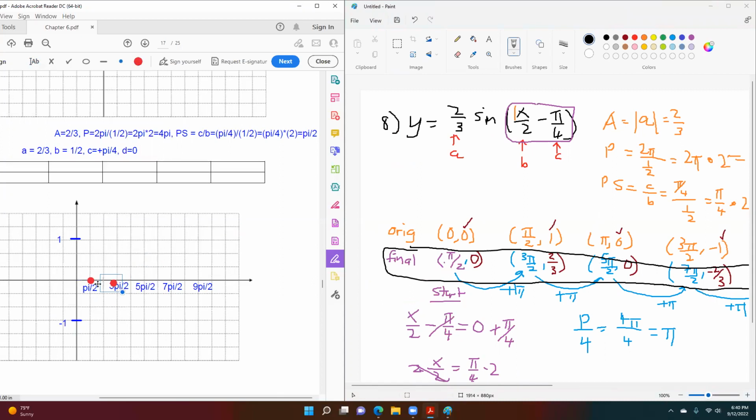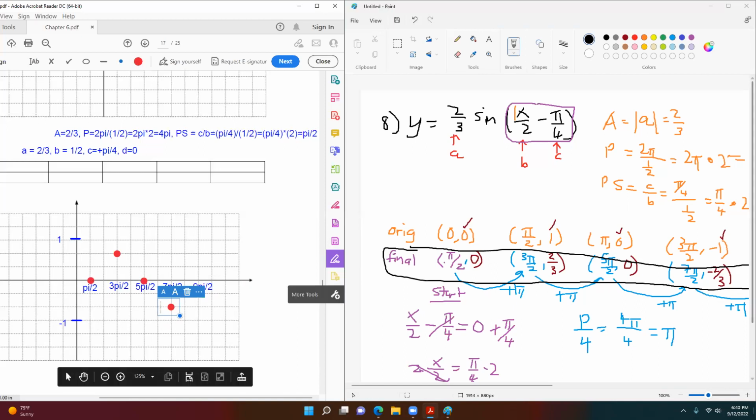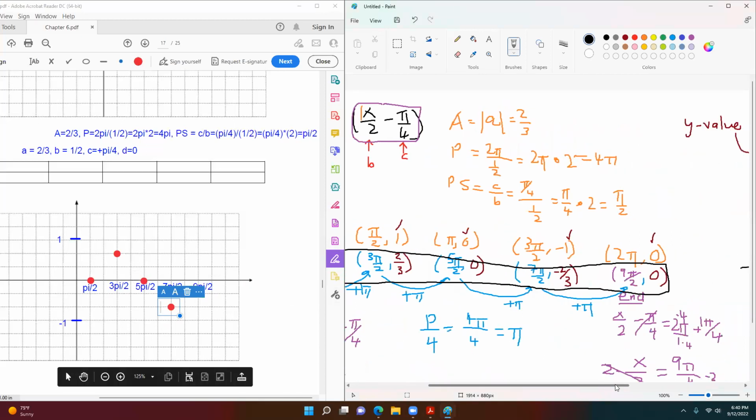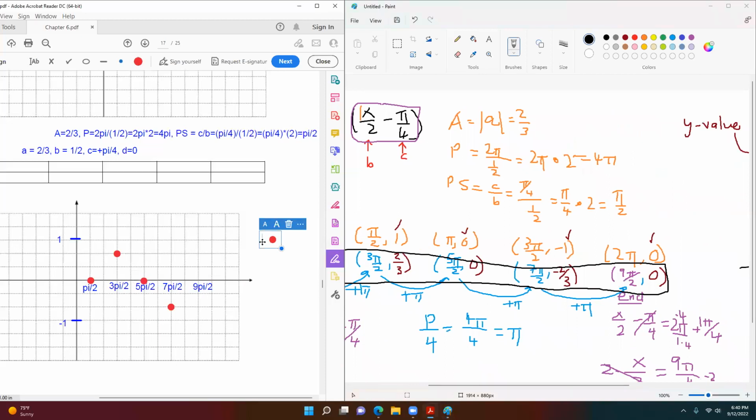So 3 pi over 2 is right here, and 2/3 is somewhere around there. And then the next one we have is 5 pi over 2, 0, which is right over here, followed by 7 pi over 2, 2/3. Again, because I break this into 3 sections, 2 of them is 2/3. And the last point we have is 9 pi over 2, 0, which is right over here.